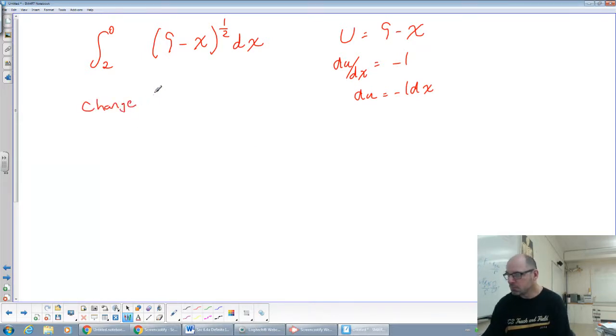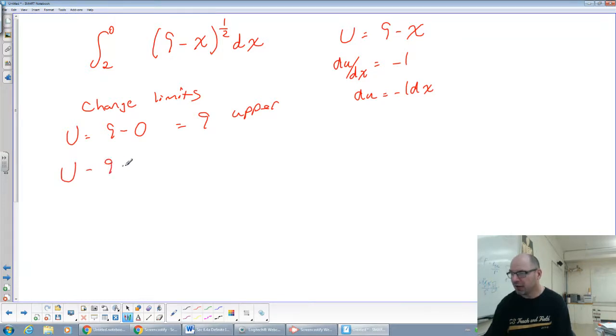So upper limit first, we put a 0 in, which gives 9. And lower limit, 9 minus 2 equals 7. After we've got our limits in, we rewrite the equation in terms of u.